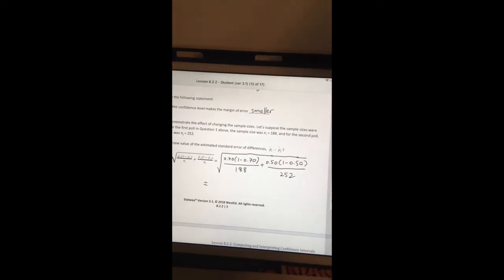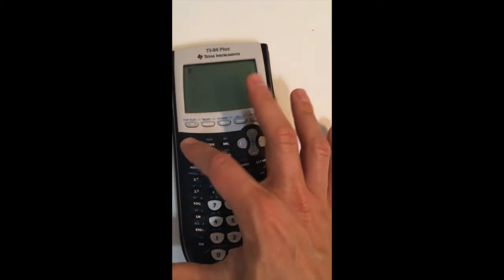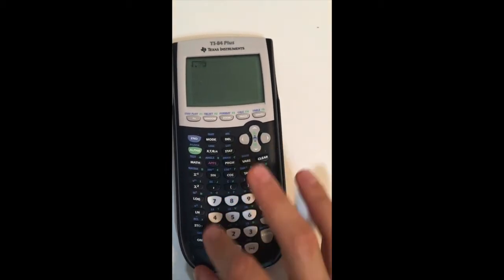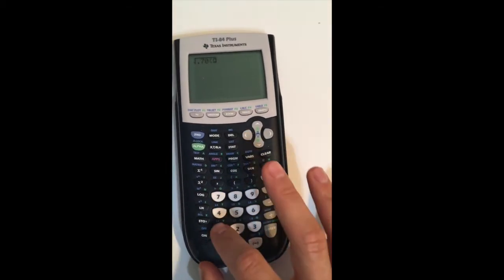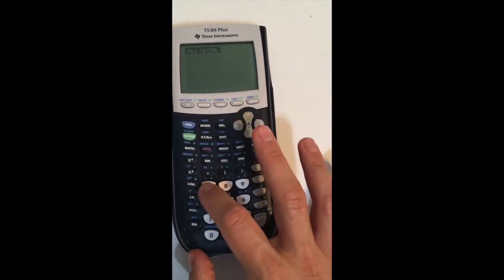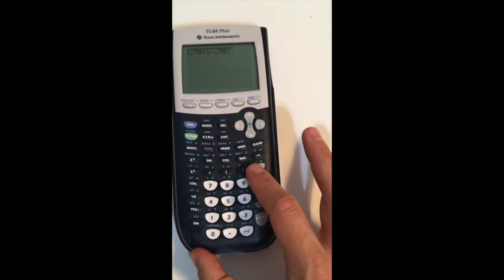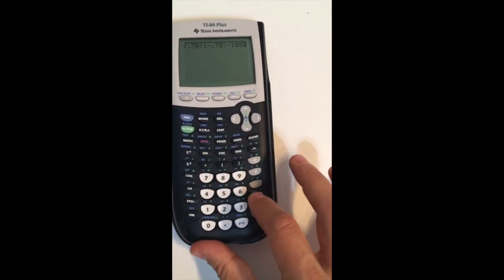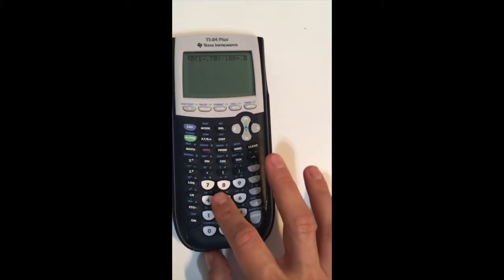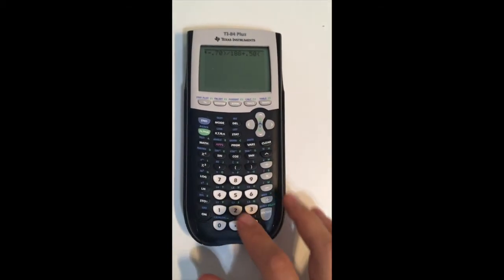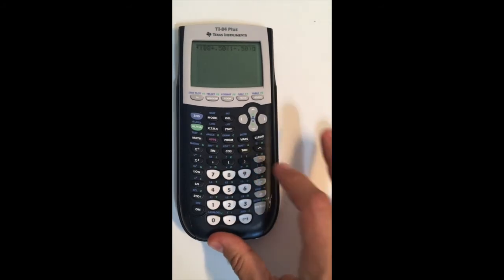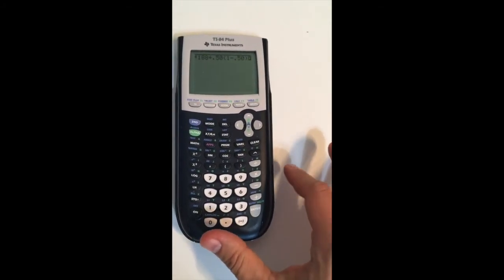Okay, let's go ahead and see what we get for this calculator answer. So we have the square root, and I put in 0.70 times 1 minus 0.70 divided by 188 plus, and then 0.50 times 1 minus 0.50, close parentheses, divided by 252.